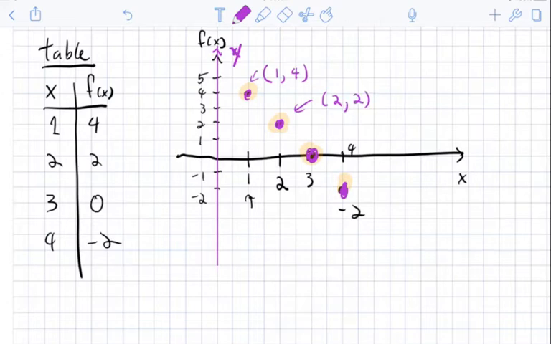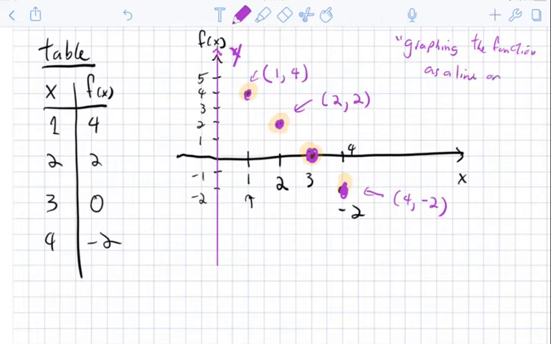The x-coordinate of that location is 4, and the y-coordinate is minus 2. Does that make sense to you? So, when I'm graphing something, I'm placing the solution on the Cartesian plane. Sorry, I'm graphing the function as a line on the Cartesian plane.